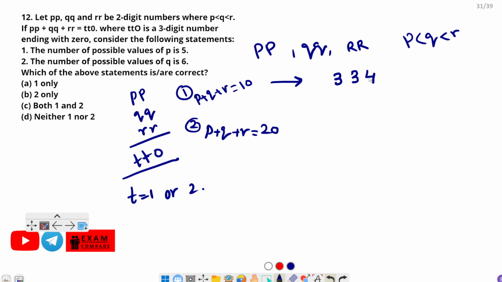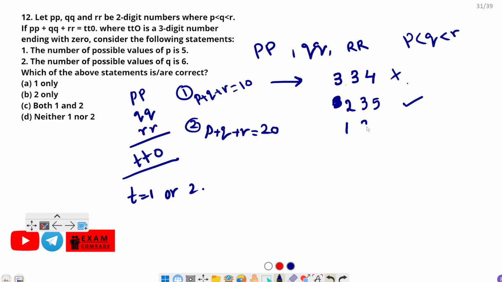This combination is not possible as p less than q less than r is required, but here p equals q. So we'll make some changes and reduce 1 here, that is 2, 3, 5. This is a valid combination.